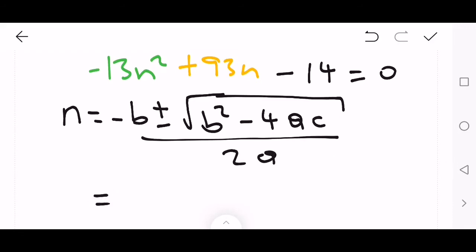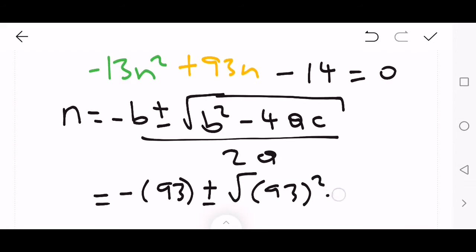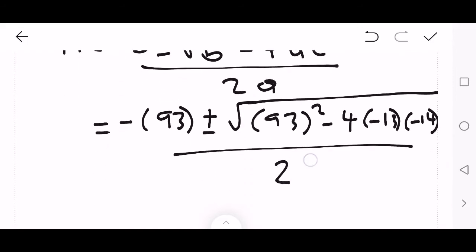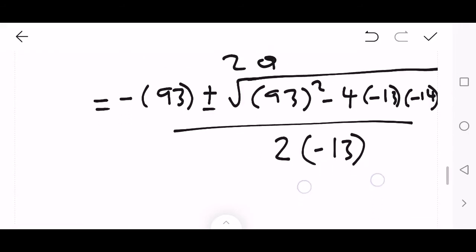So now we just substitute those values there. So we have minus b, b is 93, so minus 93 plus or minus the root of b squared, so 93 squared minus 4, sorry guys, that's minus 4 into a, which is minus 13, and c is minus 14, all under a root, and then all divided by 2 into minus 13, which is a.